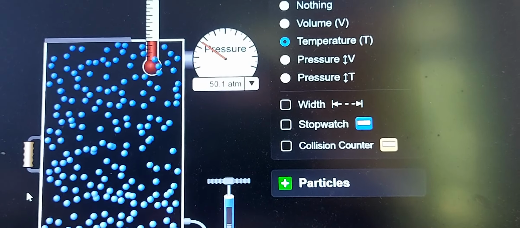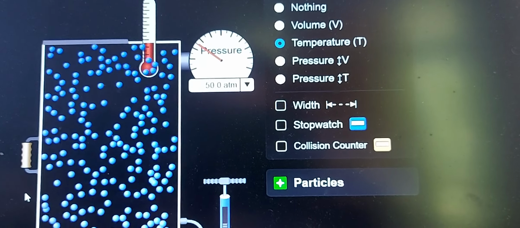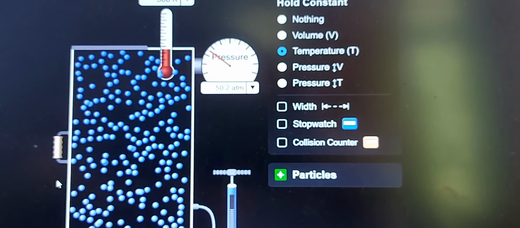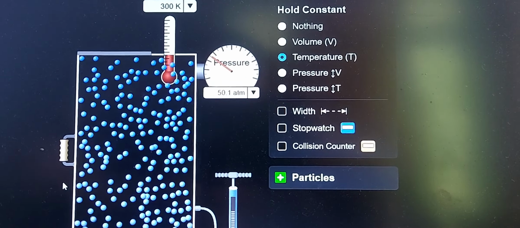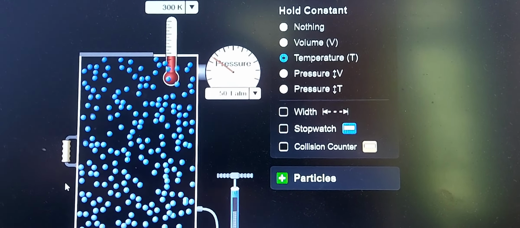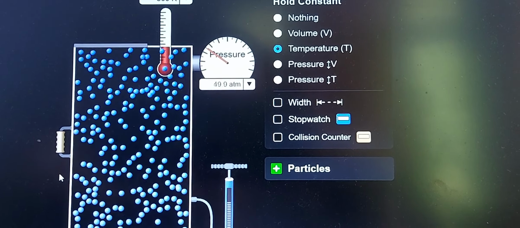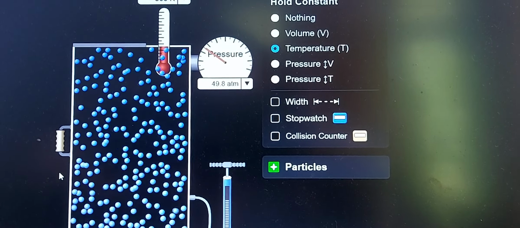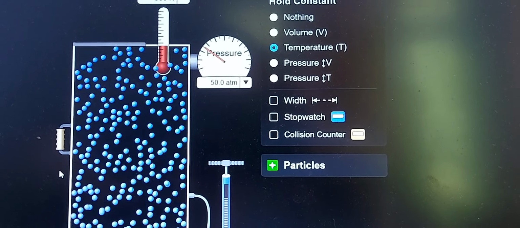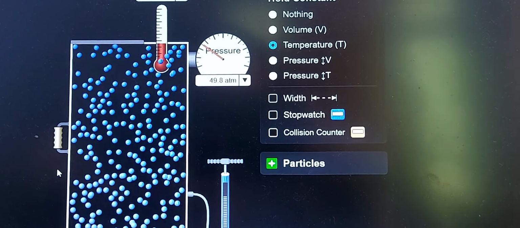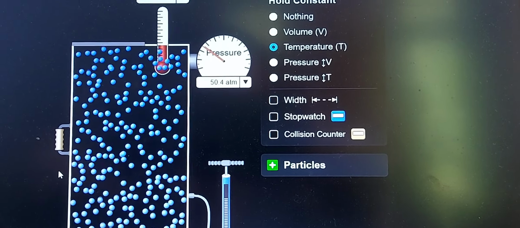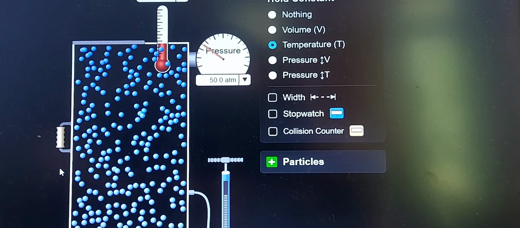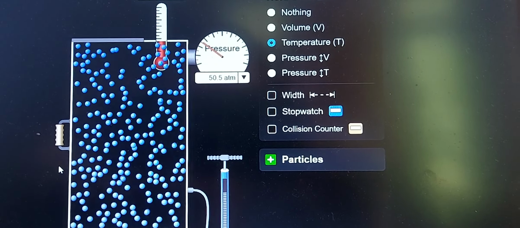Boyle's law tells us not only that the product of the pressure and volume at initial condition is equal to the product of pressure and volume at final conditions, but also that the pressure is inversely proportional to the volume. What does that mean? When we say inversely proportional, if the pressure increases, the volume decreases, or vice versa.